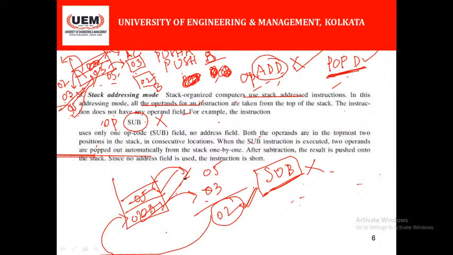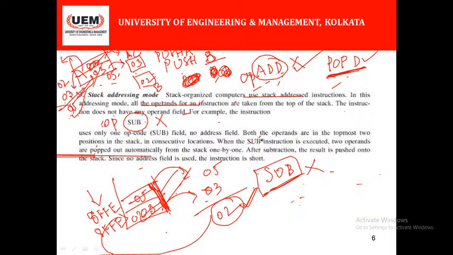Then we perform the operation. The topmost and top minus 1 positions are in consecutive locations. If it is stored in 8FFE, it is stored in 8FFF locations. These are basically hexadecimal addresses.